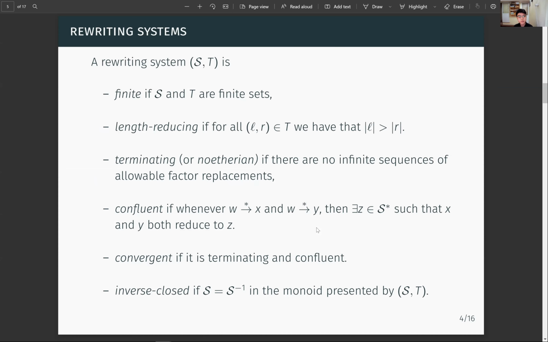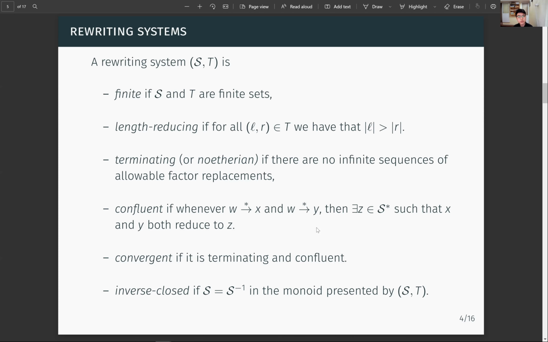Okay. So some interesting properties for a rewriting system: it is finite if both S and T are finite sets. It is length reducing if for all rules in the rewriting rule set, the length of the left-hand side is larger than the length of the right-hand side. A rewriting system is terminating or Noetherian if there are no infinite sequences of allowable factor replacements.